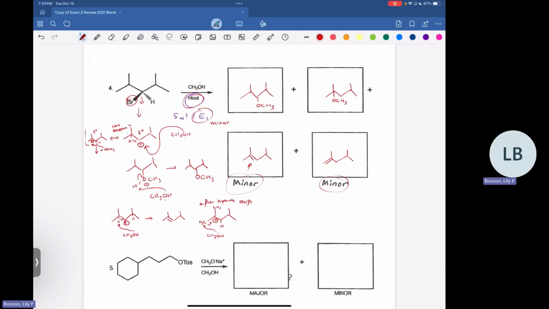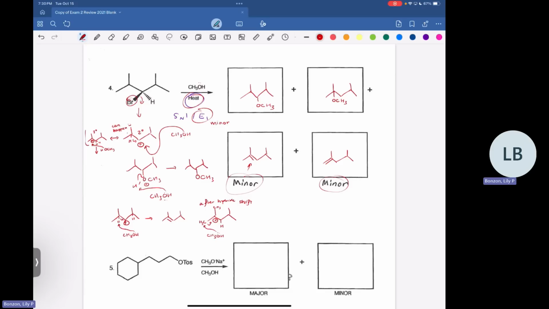E1 is never ever going to be major, like ever. And the reason for that is, for the first step of both SN1 and E1, the leaving group leaves and forms a carbocation. For SN1, the nucleophile can then just attach itself. So the negative electron density can attach itself to the positive charge.